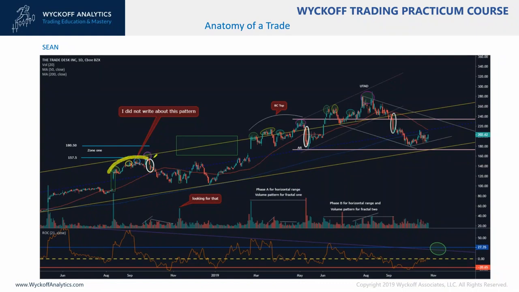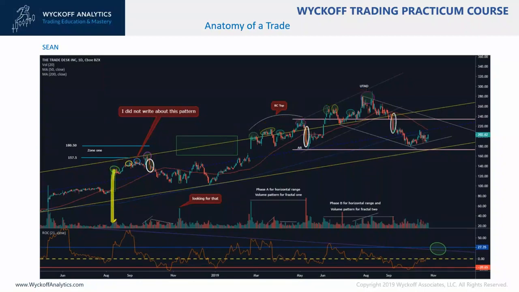So look at this distribution, look at this distributional top, look at this distributional top. That's what I'm kind of thinking Sean was looking at, and then the breakouts out of those and how they're different in a way. So yeah, let's look at this a little bit with more details.